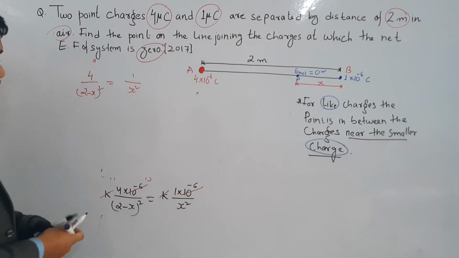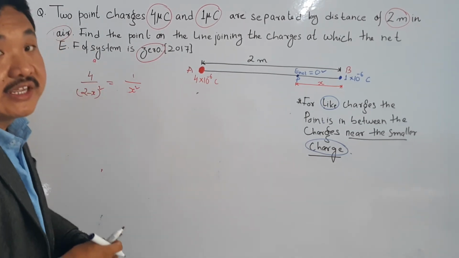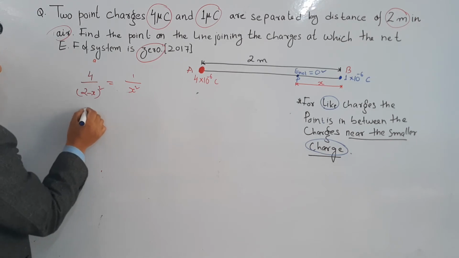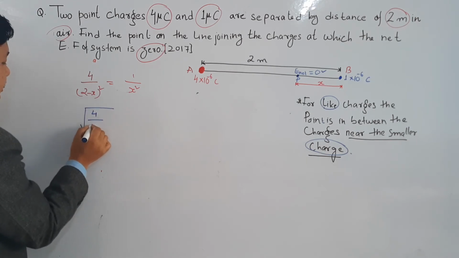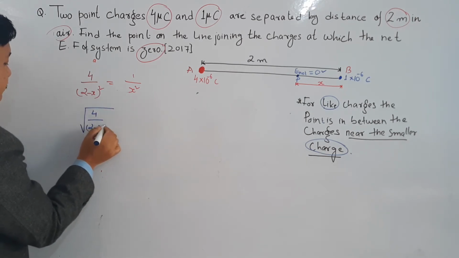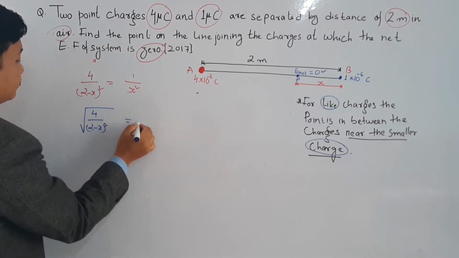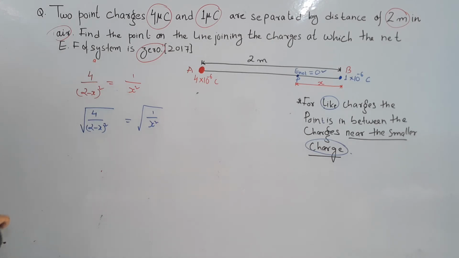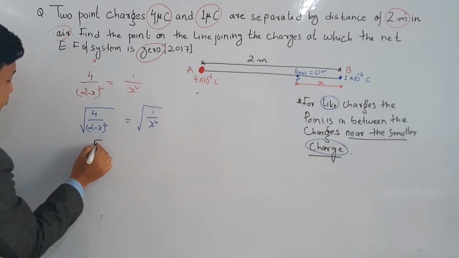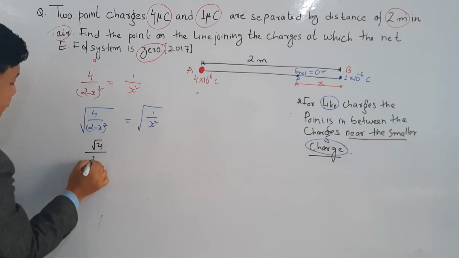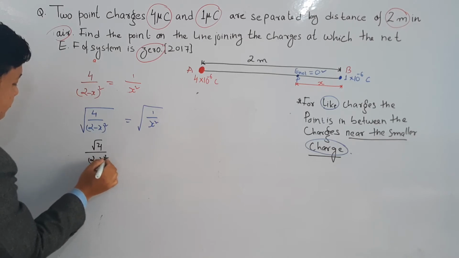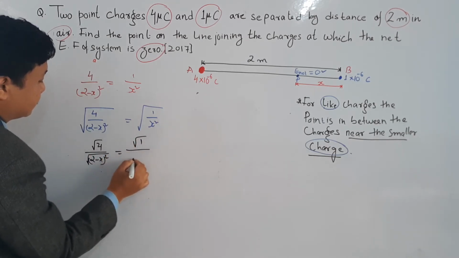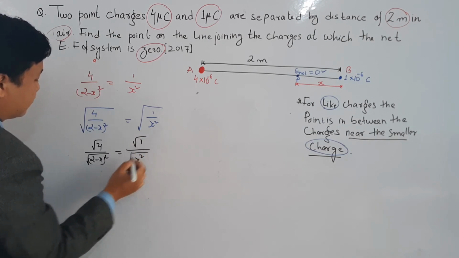Okay, to solve this, let me take the square root on both sides. Root of 4 divided by (2 minus x) whole squared equals root of 1 divided by x squared.